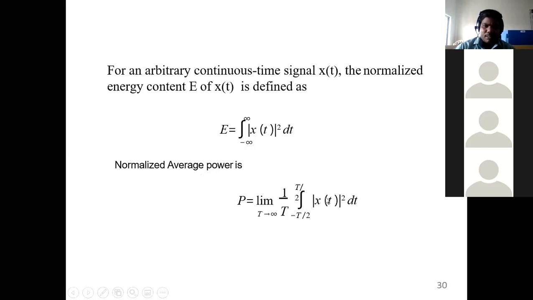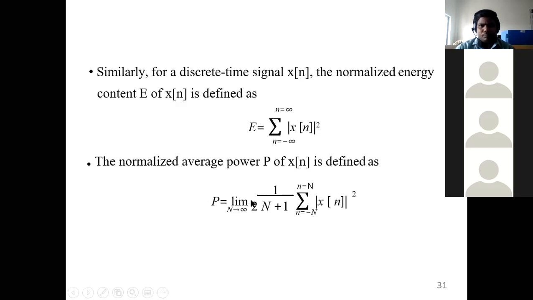So whatever signal we drive to the circuit, that kind of signal is processed, and we obtain the power as well as the energy. By considering these two equations, we find the total energy as well as the total normalized average power.